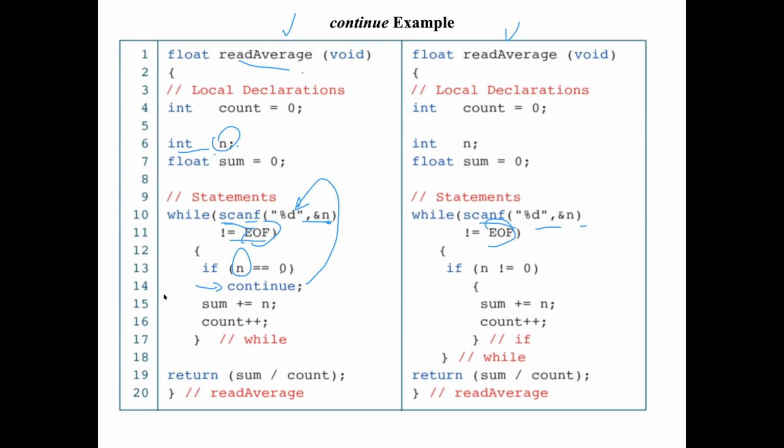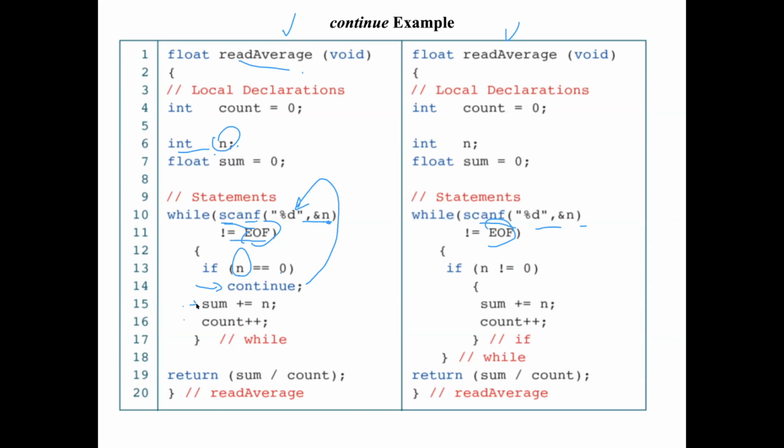So lines 15 and 16 will never be met. But if n is not 0, assuming it could be -1, 2,300 or whatever, then 15 and 16 will be evaluated.